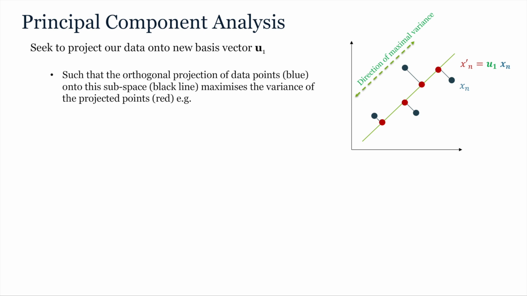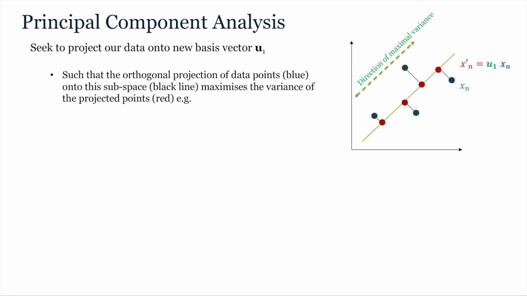This can be seen here, where the spread of data points projected onto the eigenvector U1, where the original points are blue and the projected points are red, is larger than if the points were presented on the x or y directions.